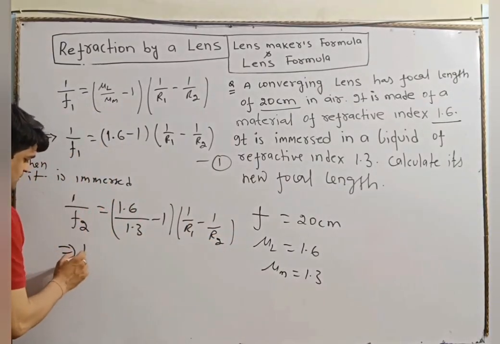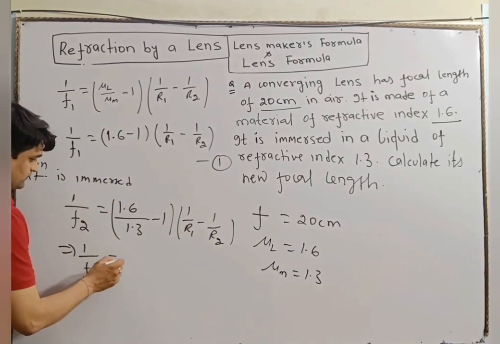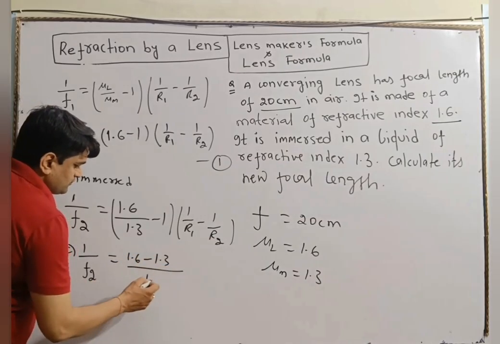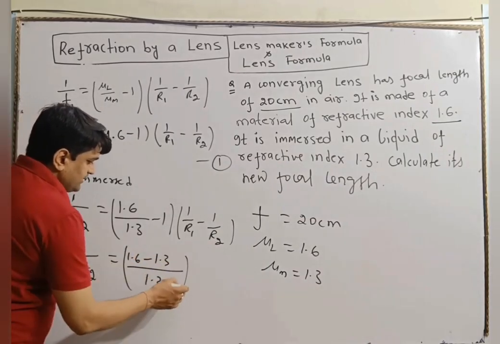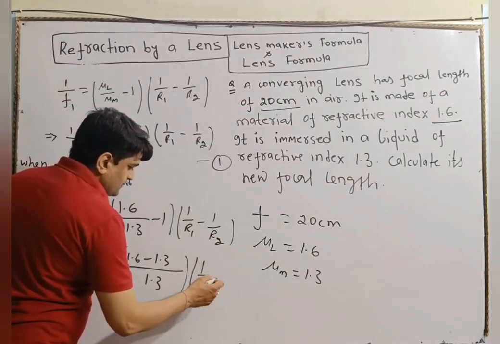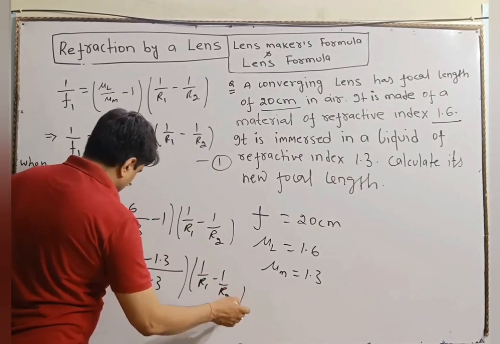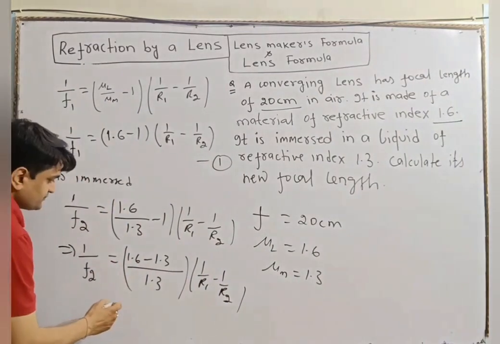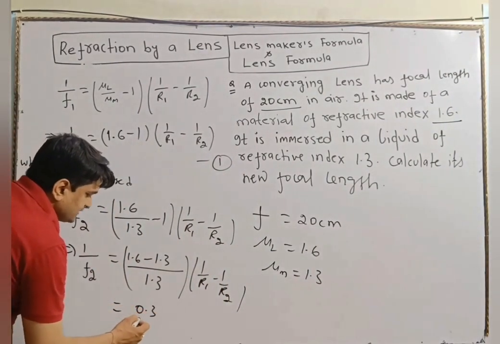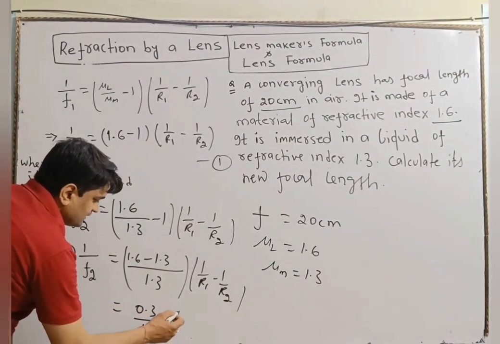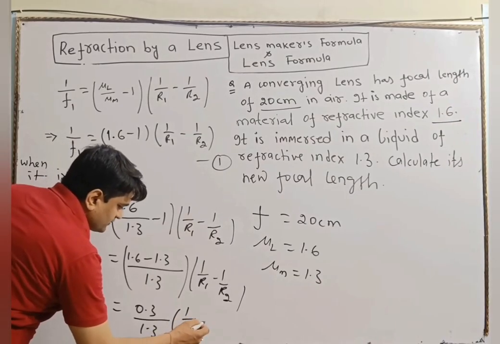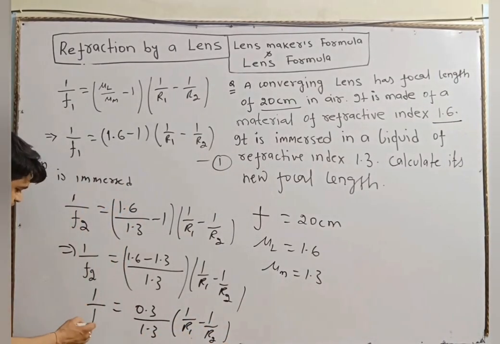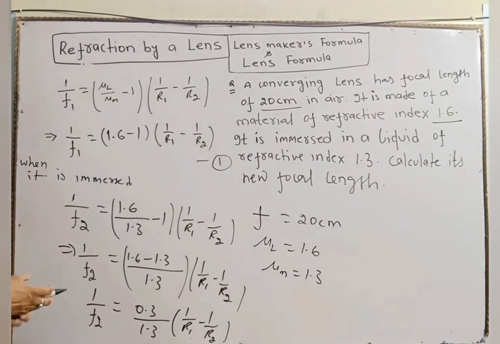Let's solve it. 1 upon F2 will be (1.6 minus 1.3 upon 1.3) times (1 upon R1 minus 1 upon R2). It comes as 0.3 upon 1.3 into 1 upon R1 minus 1 upon R2, and it is 1 upon F2.